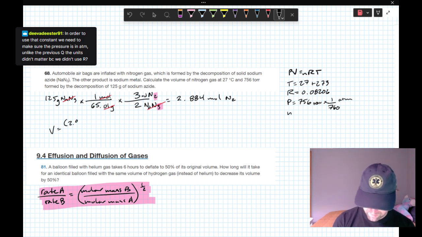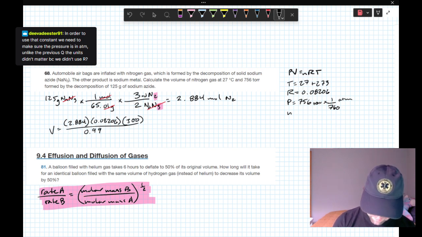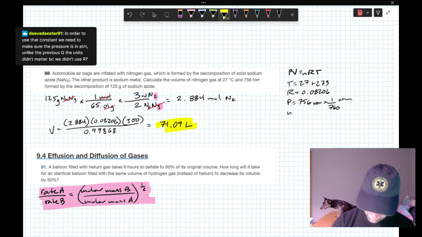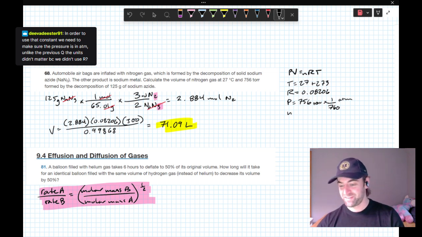We've got moles, our gas constant, and temperature all over our pressure, which equals 71.09 liters. Give me just a second.